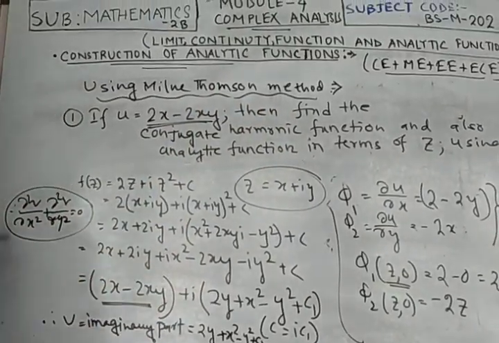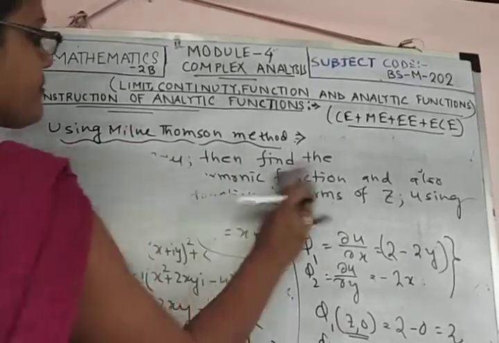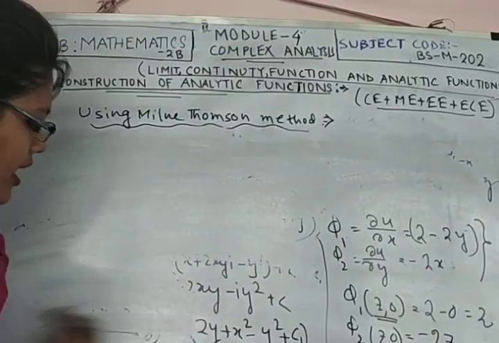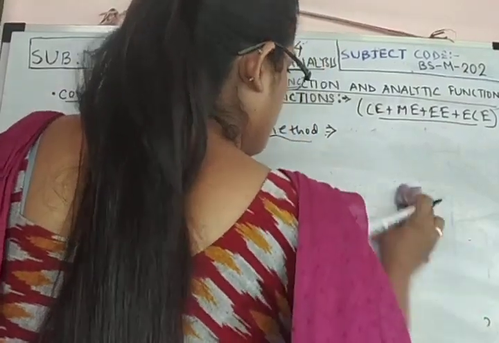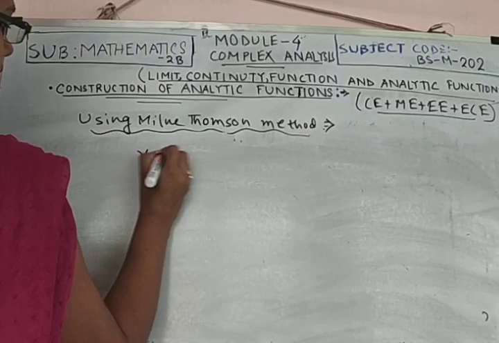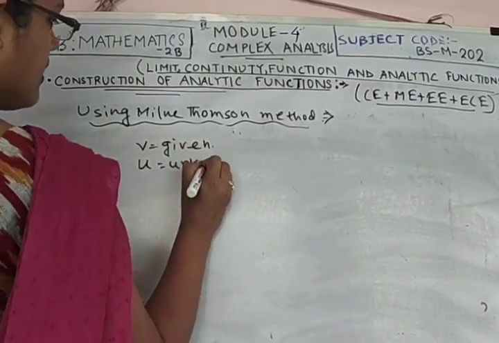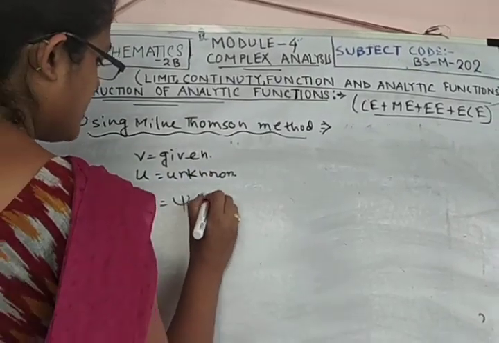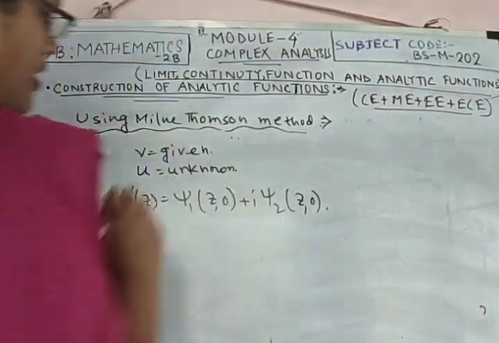Similarly, if v is given and u is unknown, then the formula is f dash z equals psi 1 (z, 0) plus i into psi 2 (z, 0).